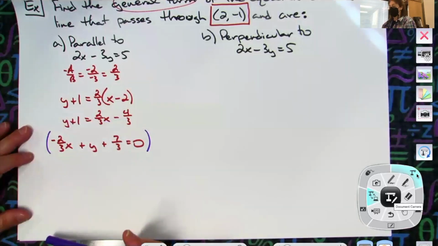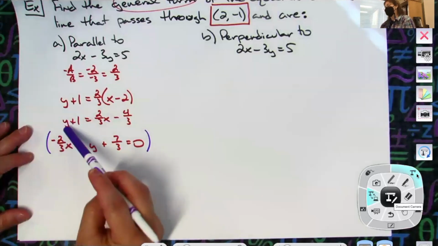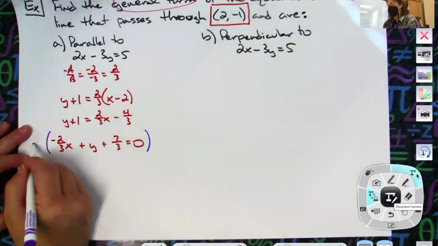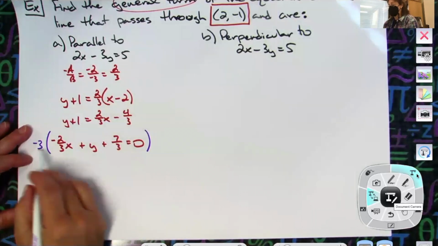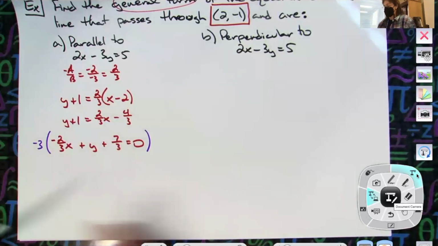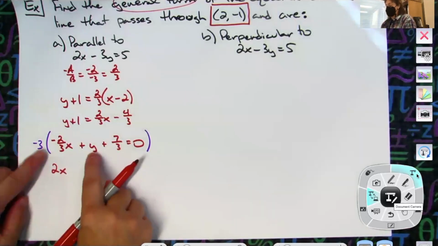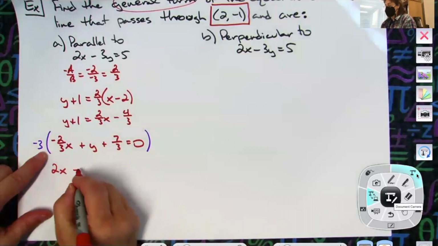It still should come out right, because if I would have moved all these to the right, then the only thing I would have had to do is multiply through by 3. Because when I multiply by -3, watch what's going to happen. This term becomes positive, and I'm going to have a 2x. When I do this one, I'm going to get a -3y.